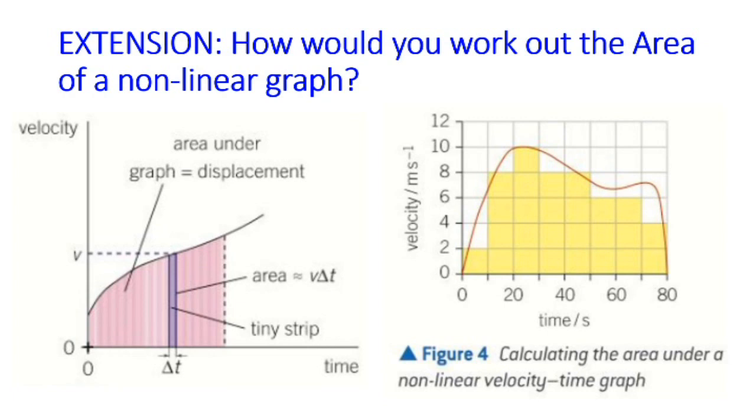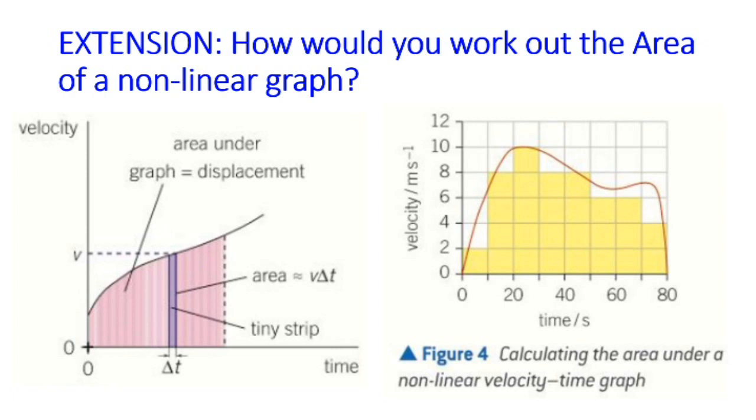For extension, some of you might be asking, how would we work out the area under a curved graph? They might give this as an extension question in a GCSE paper, or they will possibly give you something like this in an A-level paper. So what you would do is take the motion that you've been provided with and break it up into tiny little slithers of rectangles, work out the area of each rectangle and then add them up.